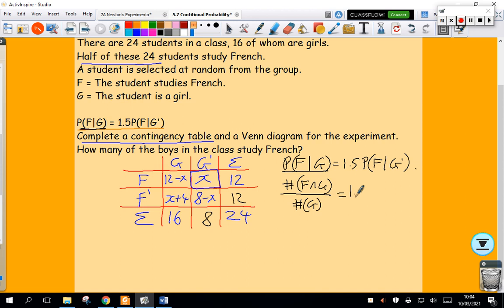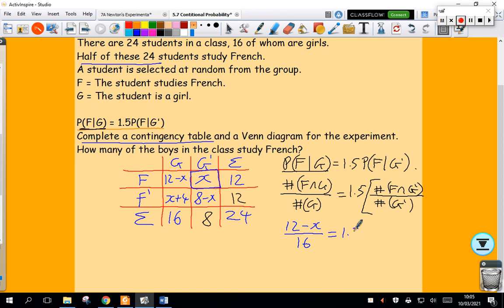On the right hand side we have 1.5 times the probability of F given G complement. Well, that's the number of elements in F intersection G complement divided by the number of elements in G complement. So we have this equation, and I'm going to substitute everything I know in here, in terms of x. So the number of elements of F intersection G, well, that's 12 minus x, divided by the number of elements in G, well, that's 16.